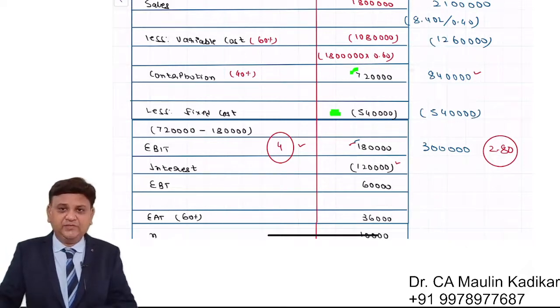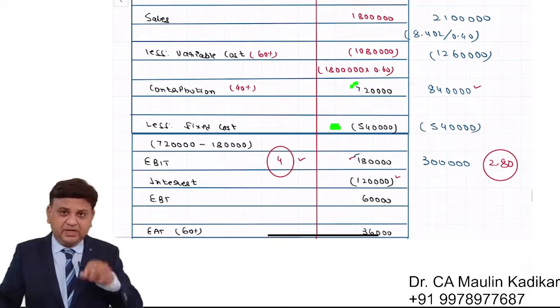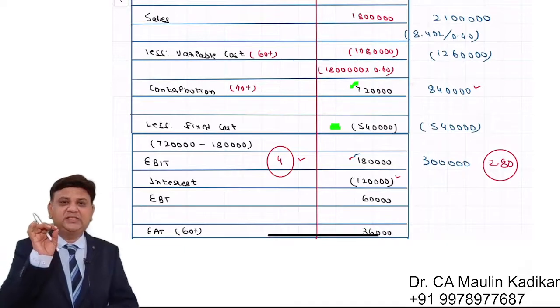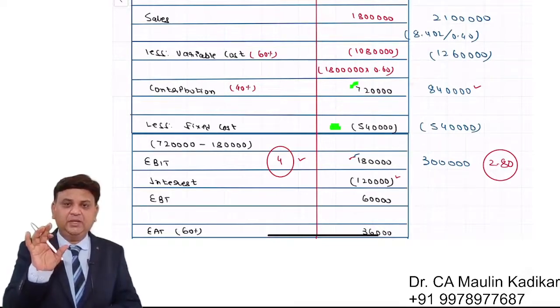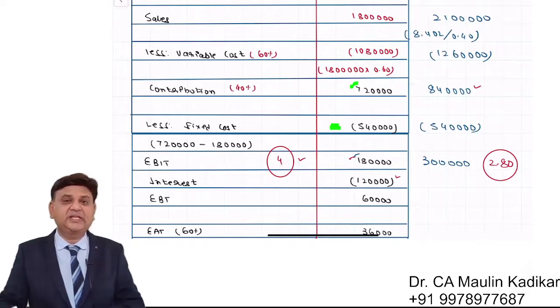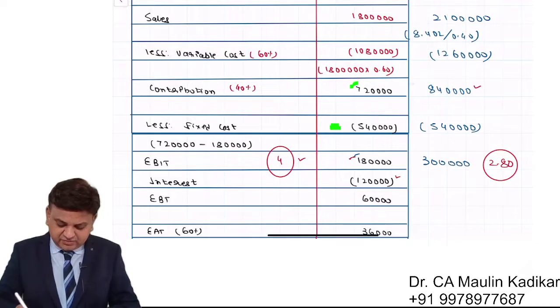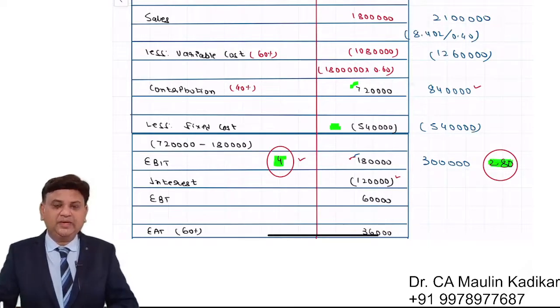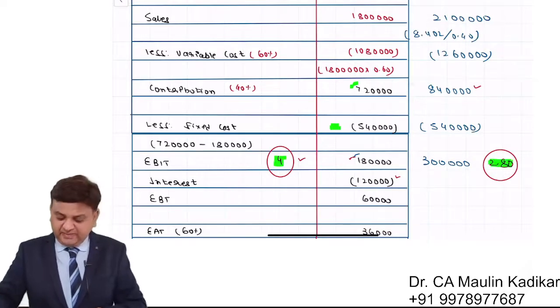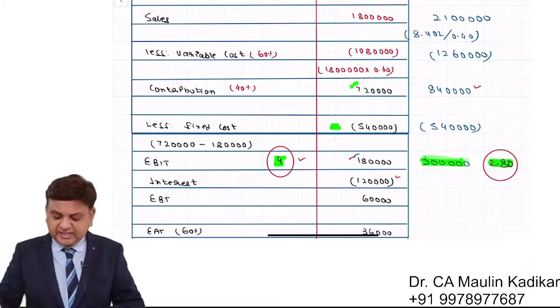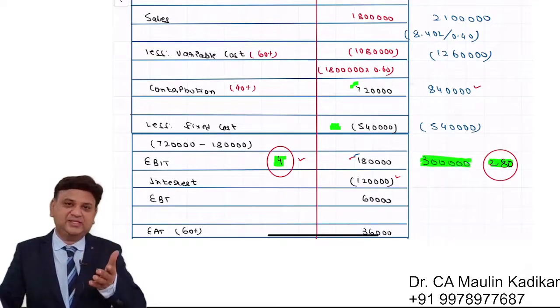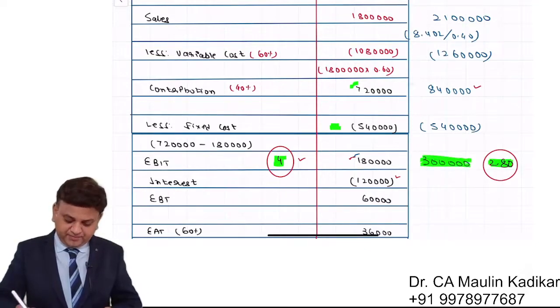See, what I want to tell you, friends, is this. Understand importantly, whenever there is a change in the operating income, whenever there is a revision in the activity level, then the leverage is going to change. Right now, leverage is 4. Afterwards, leverage is 2.8. When the EBIT is 3 lakhs, the leverage value will be something else and not 4.